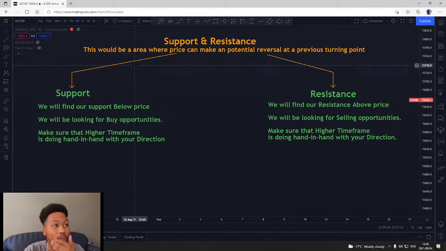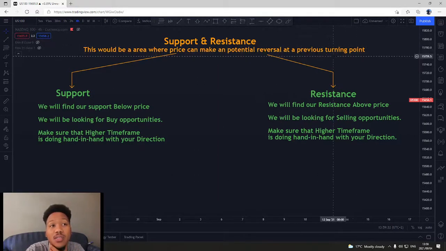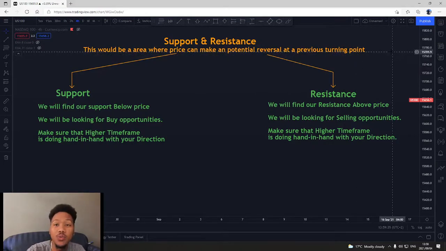So as you can see, support and resistance, I wrote that this would be an area where price can make a potential reversal at a previous turning point. With me saying that, I'm basically saying that price will always respect a previous or historical price. There's always a reasoning to why price is going towards the upside. There's always a reasoning to why price is coming towards the downside.